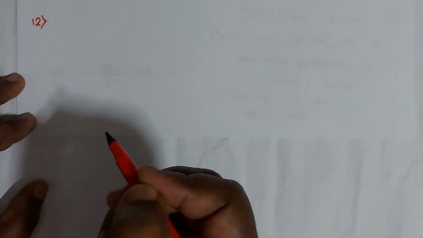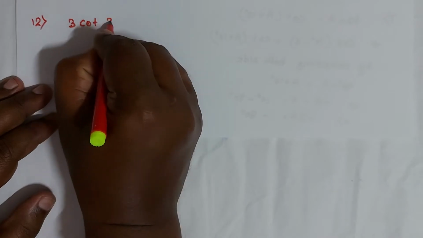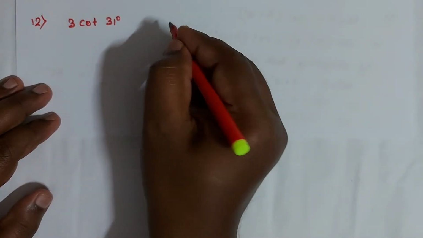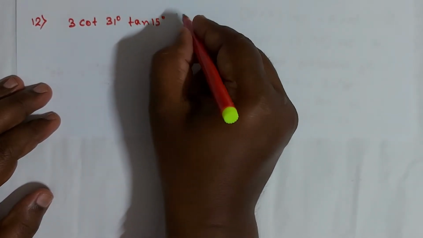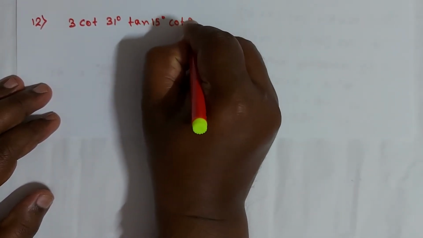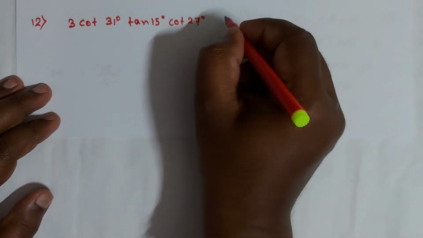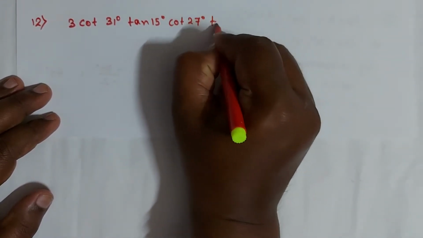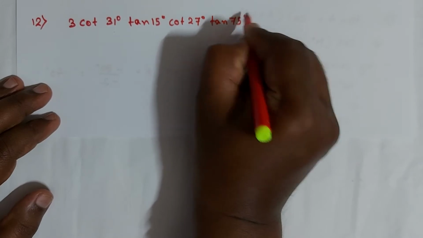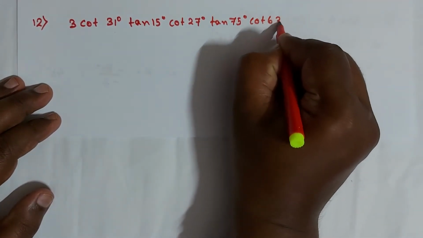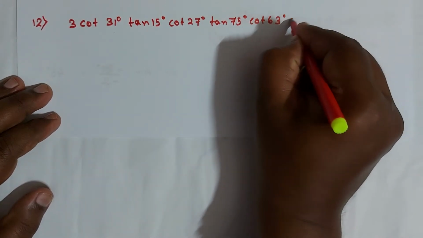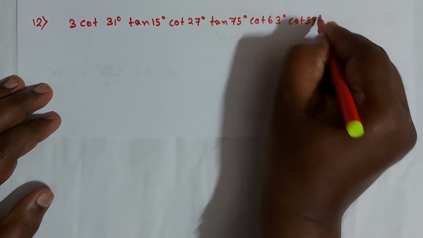Next is question number 12: 3 cot 31 degrees, tan 15 degrees, cot 27 degrees, tan 75 degrees, cot 63 degrees, and cot 59 degrees.